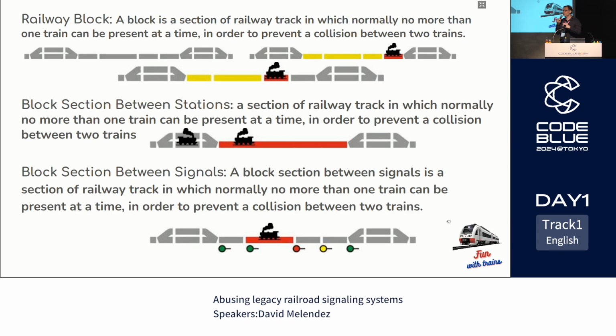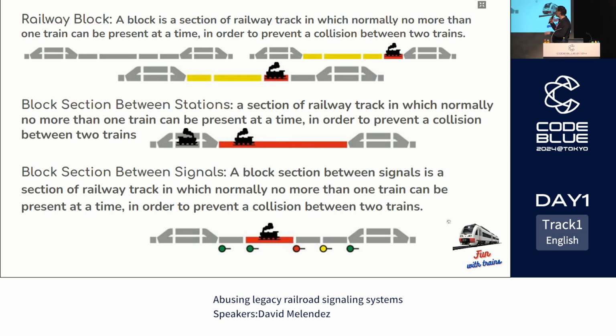We use light signals. So we control the track occupation with signals along the track. When a train enters a section, a red light appears behind the train to prevent another train from entering the section. This is pretty straightforward, I think.